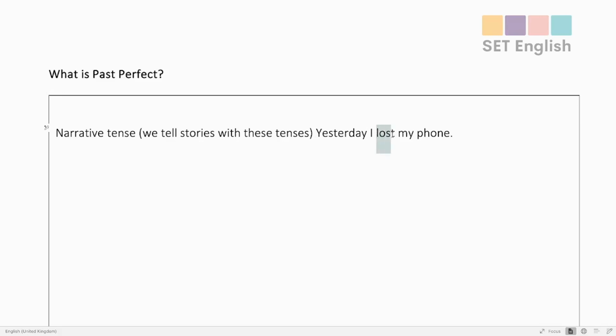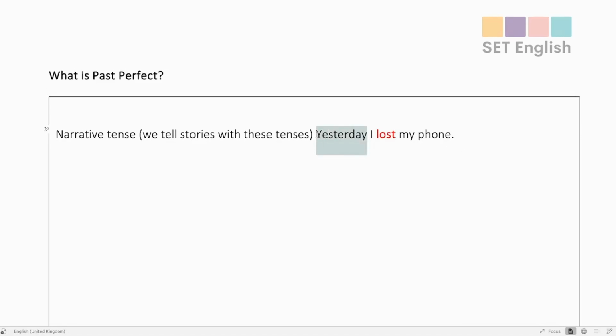And I've used the past simple to do that. Okay, that's just the past simple. Very easy. I've used a little time stamp which says when it happened. Yesterday I lost my phone. All right, so a nice easy kind of timeline would look a bit like this. Okay, here's now.